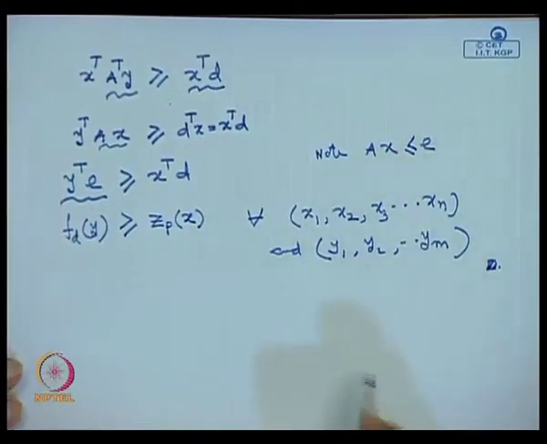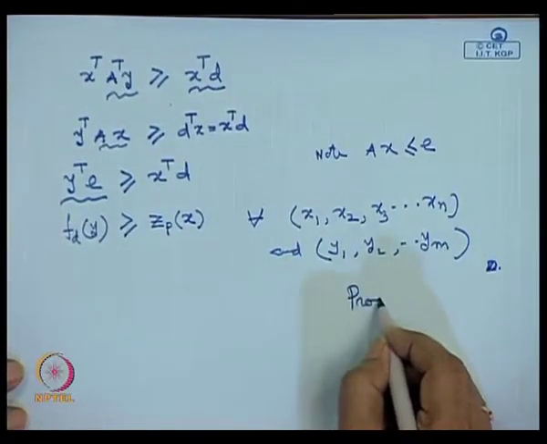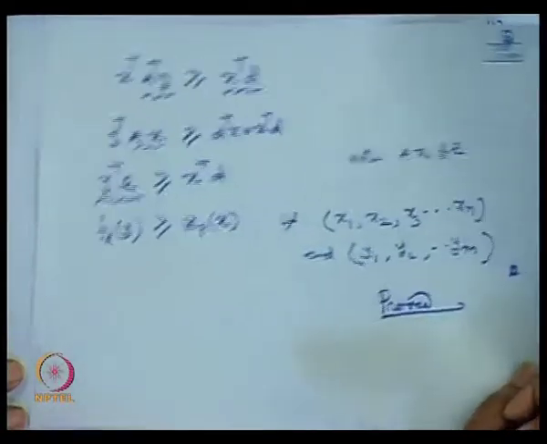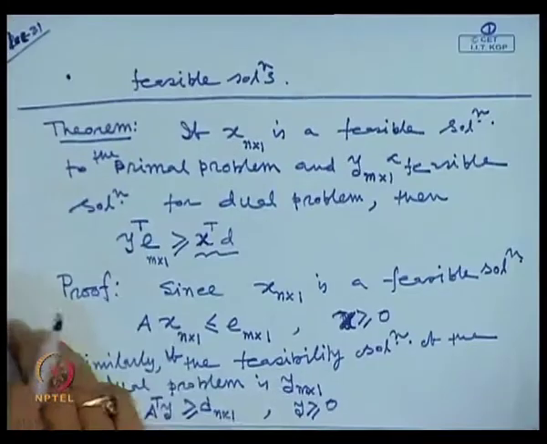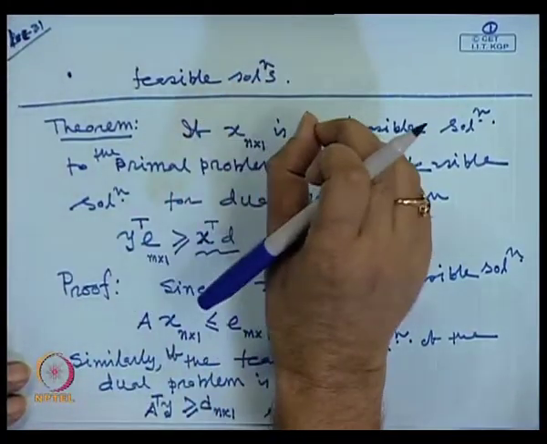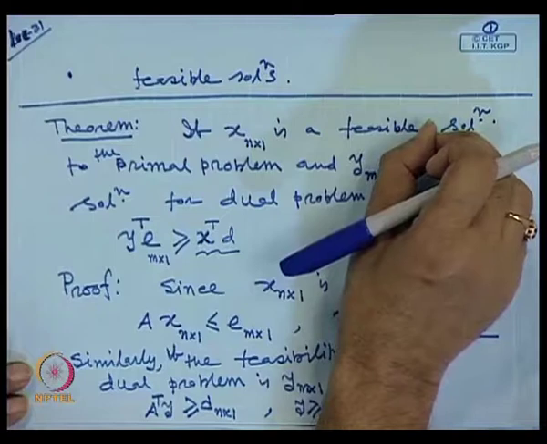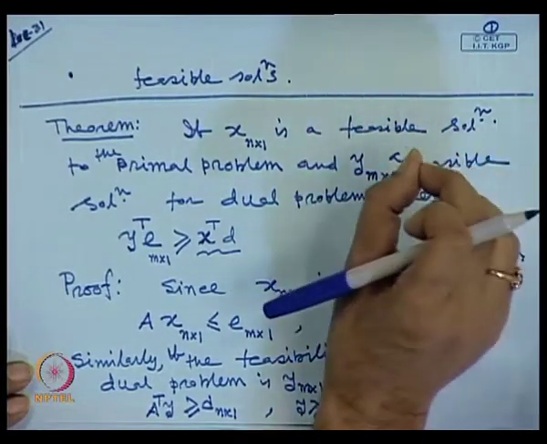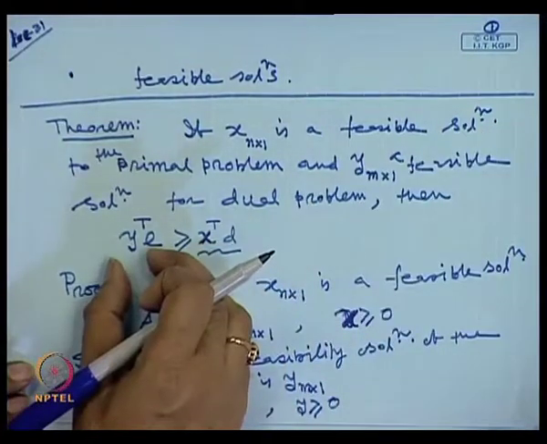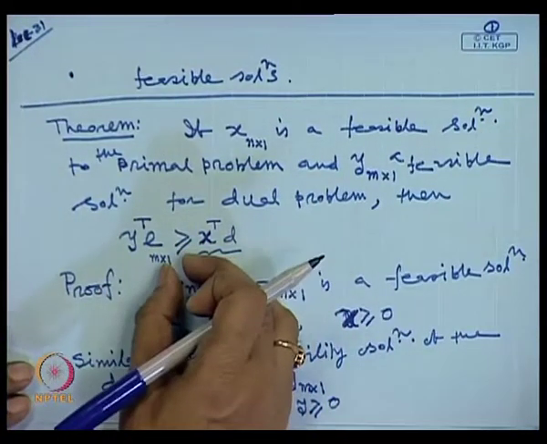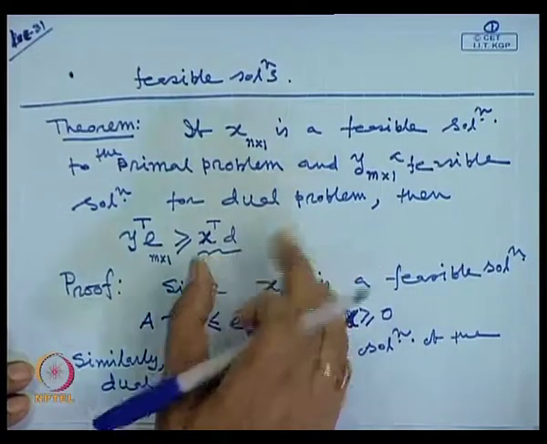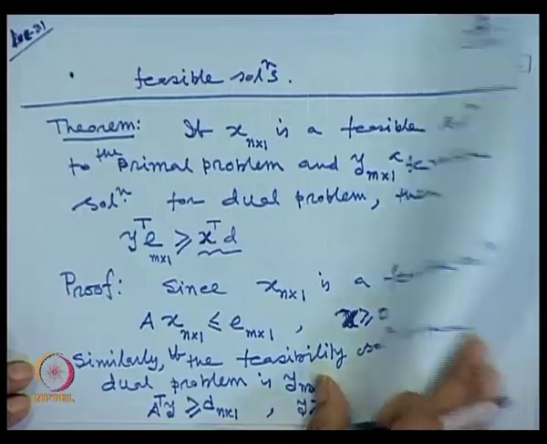To say it once again: if x is a feasible solution of the primal problem and y is a feasible solution of the dual problem, then the objective function of the dual problem is always greater than or equal to the objective function value of the primal problem. That is our conclusion, which we have proved here.